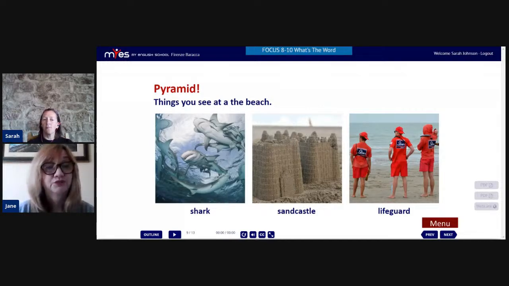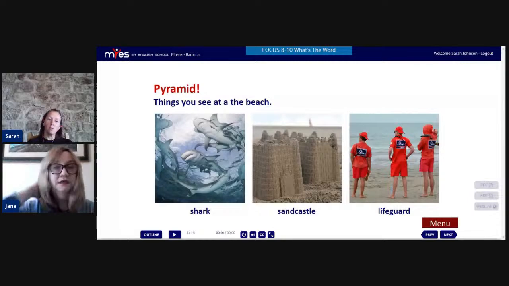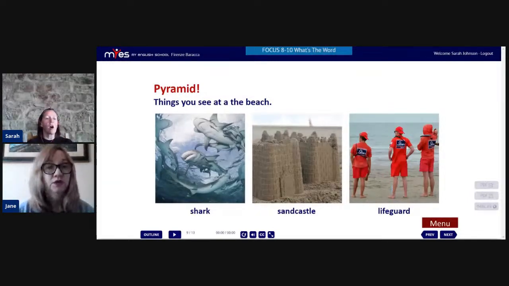Yes, yay! It's interesting actually, because if you have a big bank, at the entrance you have a guard. It's not a lifeguard, but it's a security guard. You actually use the word guard for different things. So they are a lifeguard because they are looking after your life, and they are security guards because they are looking after the security of the bank.